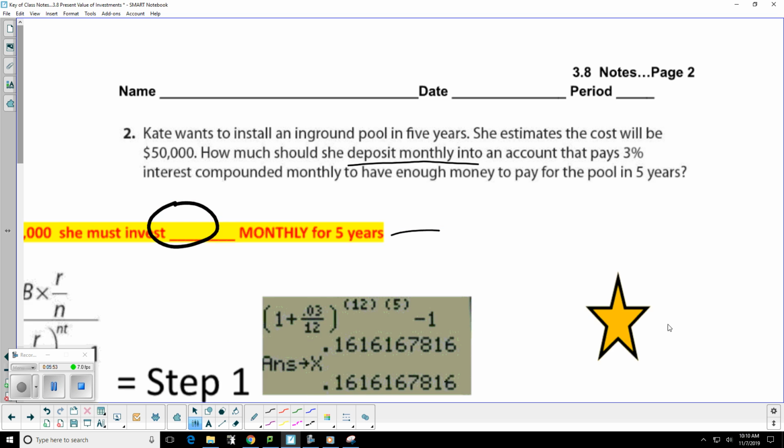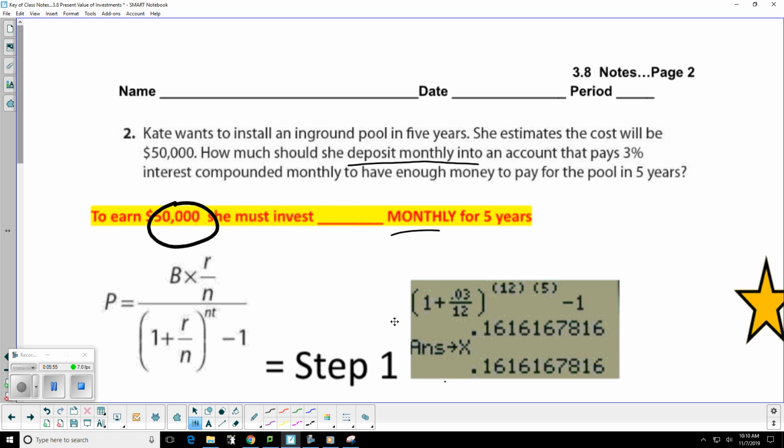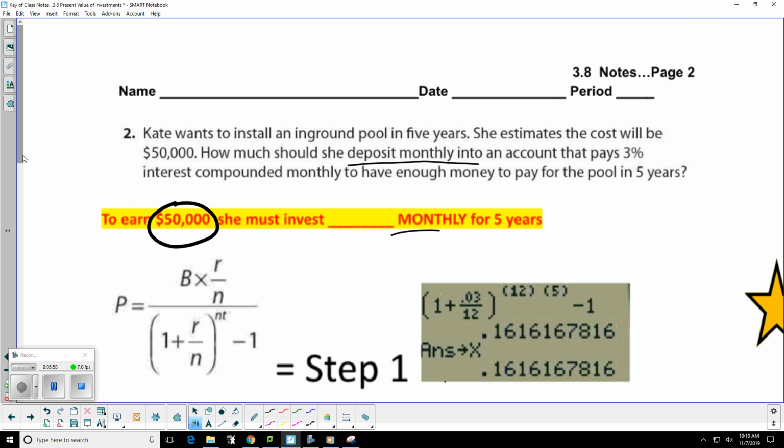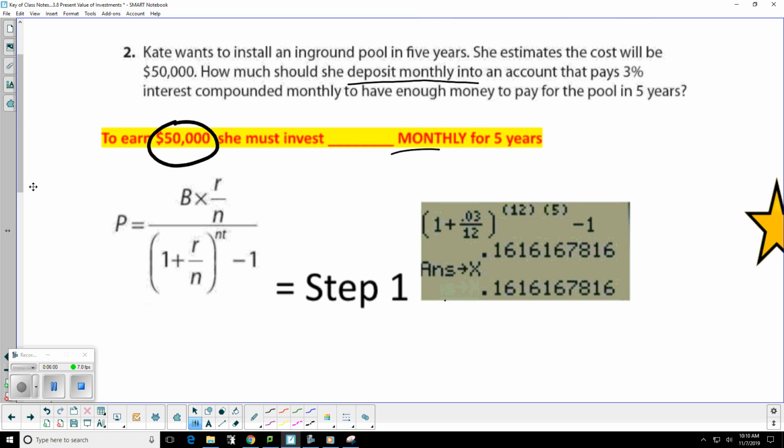Here's the formula I'm now thinking about. Bear with me. This formula represents money that's being deposited every single month. The first formula represented a single deposit. So let's take a look at what we did.